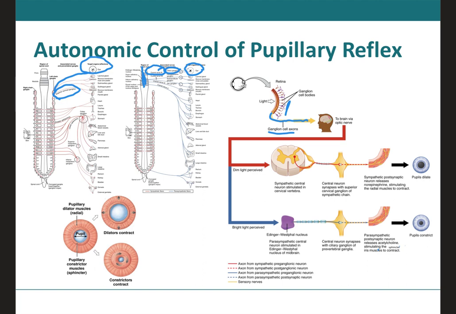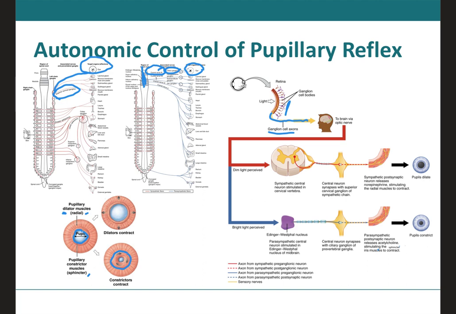Just as a review, this opening over here of the eye that allows the light to enter is the pupil. But what controls the size of the pupil is actually the iris, which will have a couple of muscles, and this will be the colored part of your eye. So the iris is made of two muscles. We have the radial muscle, which is a dilator, and we have the sphincter, which can also be called a circular muscle because it does go in circles, as we can see from this image over here.